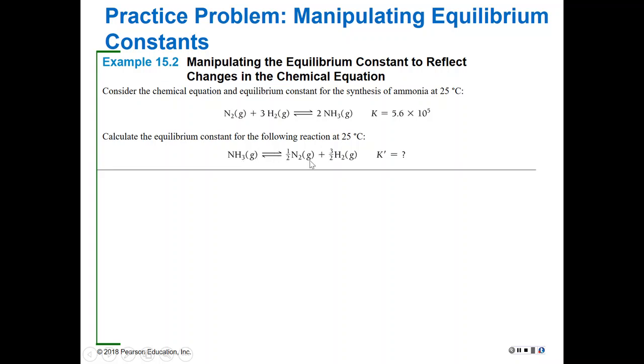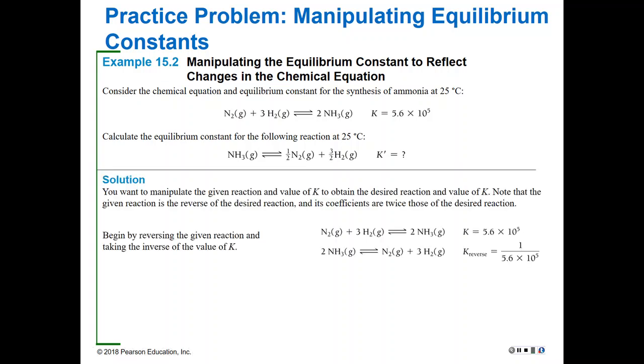Here's some other reaction that's different, and they want to know what's the new equilibrium constant there. Technically it's the reverse, but this NH3 has a coefficient of 2 here, and here it happens to have none. This already has been halved, right?